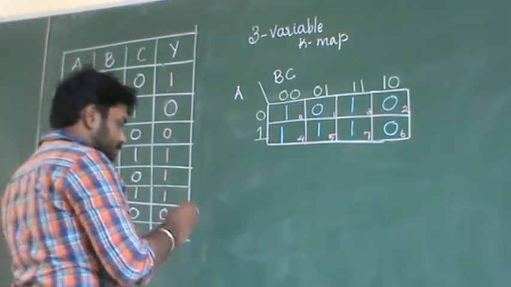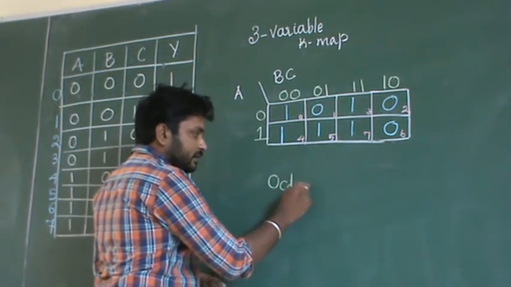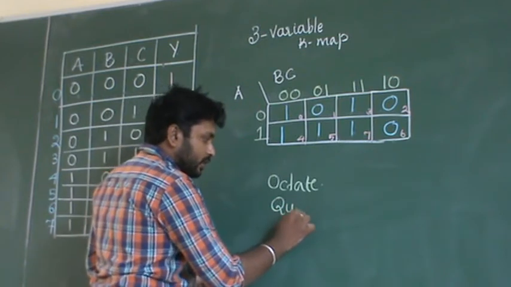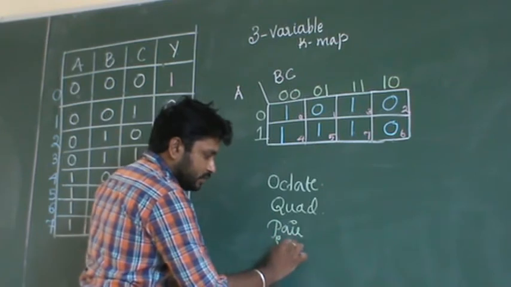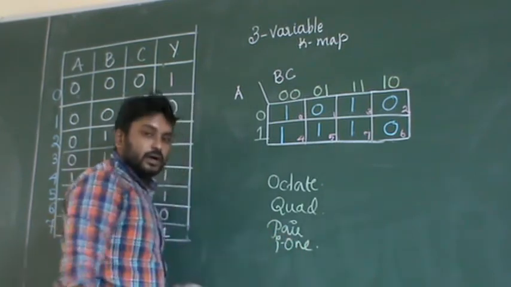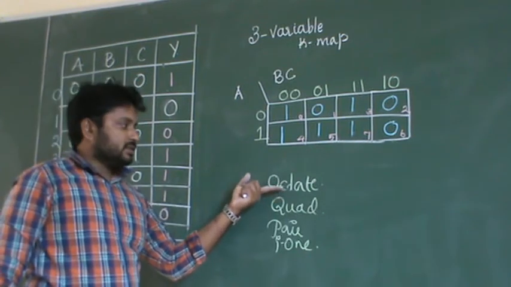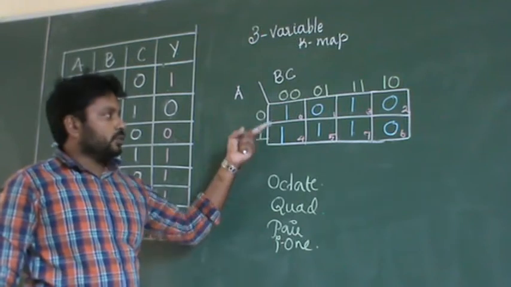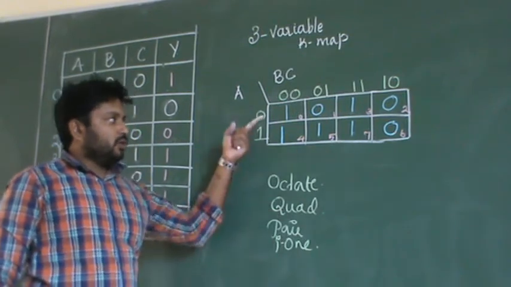As I have told you, either you have to go for octet, or quad, or pair, or isolated one. Now let me go for octet. Are there 8 ones in this K-map? No, there are only 5 ones. Now coming to quad, are there 4 ones?